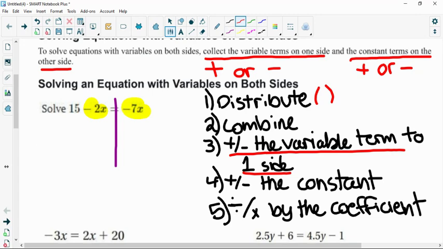So we're going to look at the negative 2x. To take the negative 2x and move it over to the right side, we do the opposite of a negative, or subtraction, which would be to add 2x to both sides of the equation.